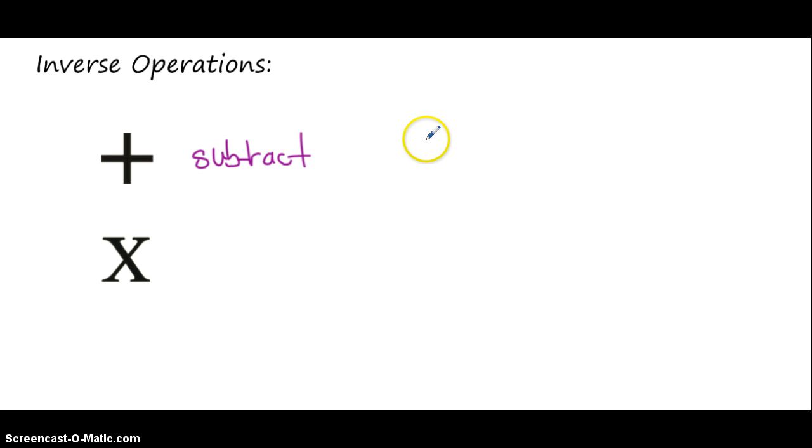And you can think about that because if I add 3, the only way to undo that is to subtract 3. And then later next week we're going to talk about inverse operations for multiplication, but I think you've probably figured out that the inverse operation for multiplication is going to be division, because if I multiply by 3, the only way to undo that is then to divide by 3.